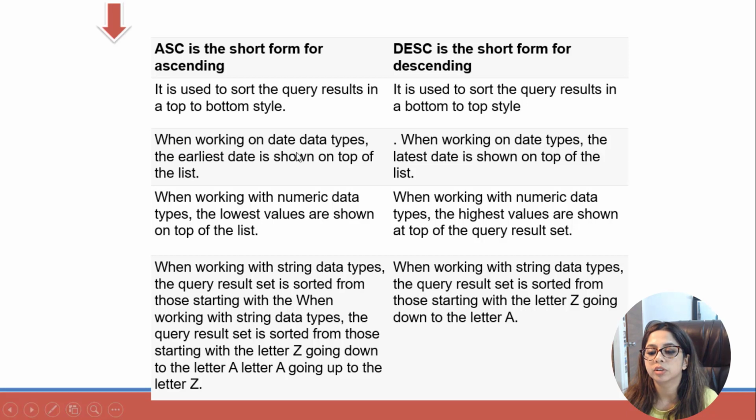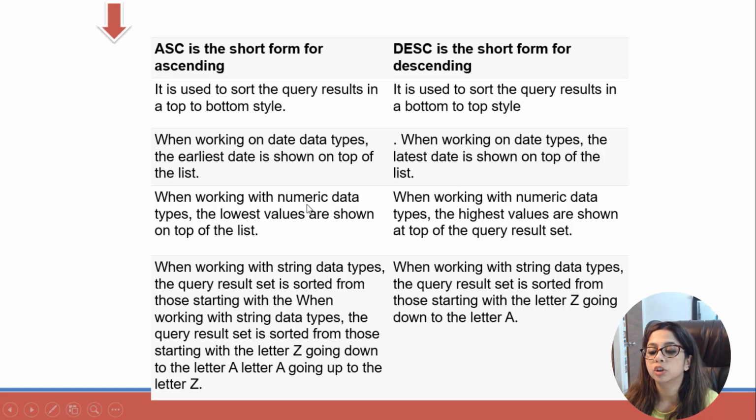When working on date data types, the earliest date is shown on the top in ascending order. The date which appeared earliest will appear on the top, and then so on. In case of descending, the present or most recent date will be on the top, and then the opposite. That's how descending will work.